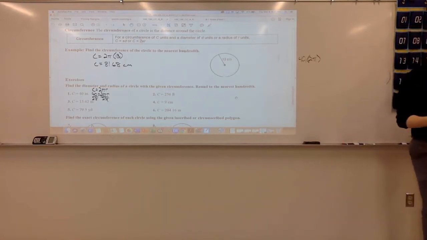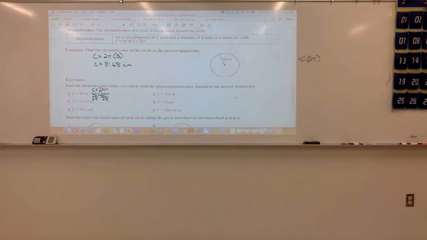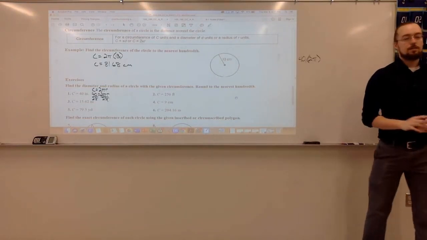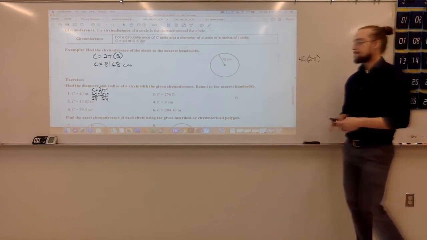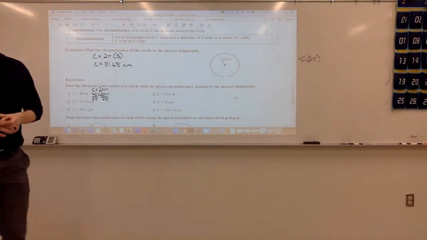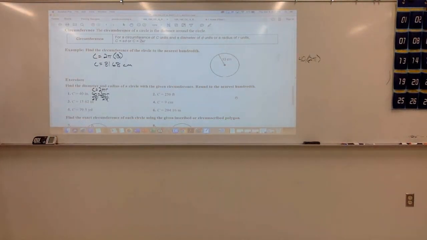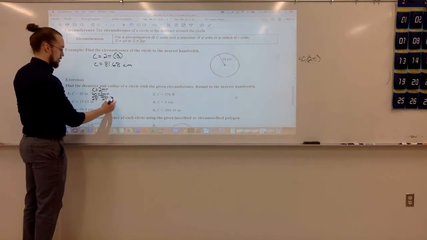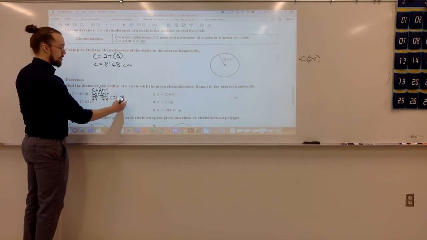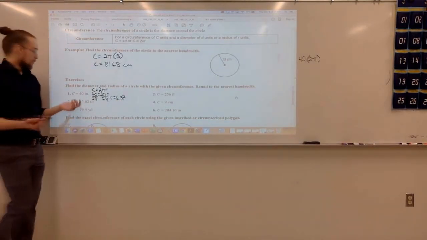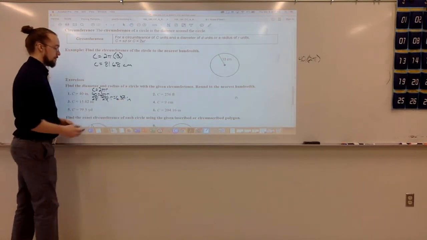That will tell the calculator to divide 40 by 2 pi. What is 40 divided by 2 pi? 6.36. 6.37. So our units would be in inches.